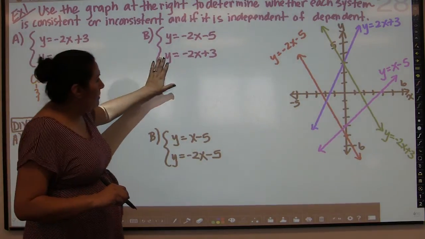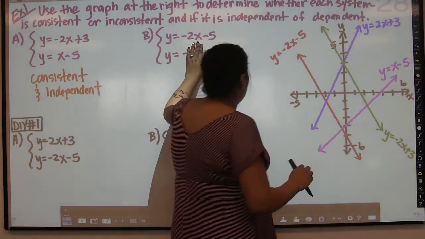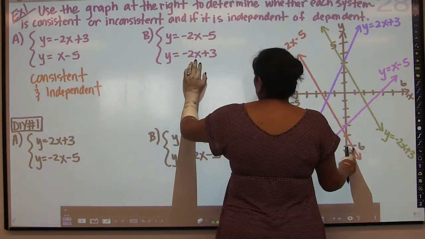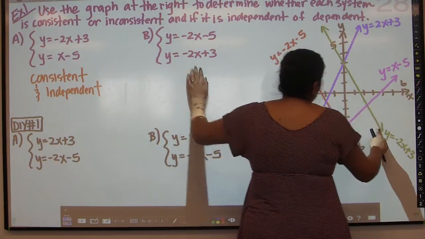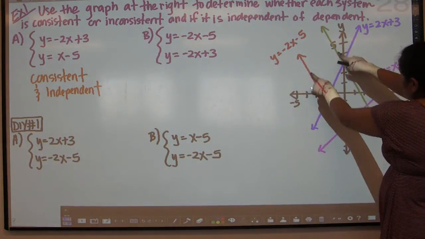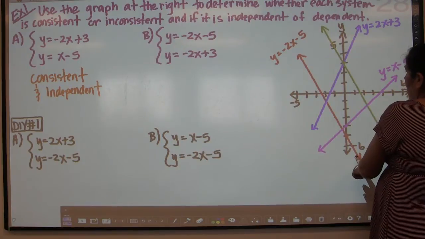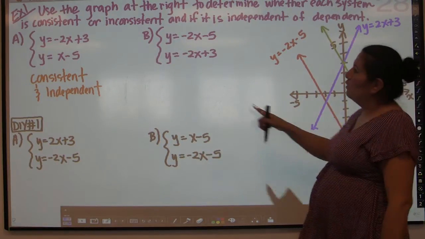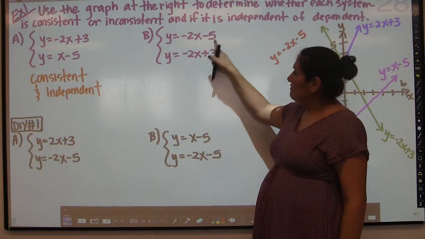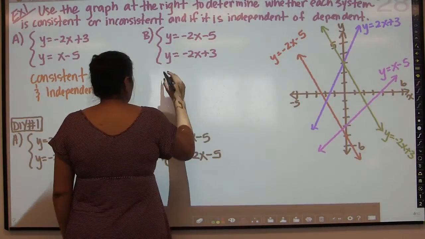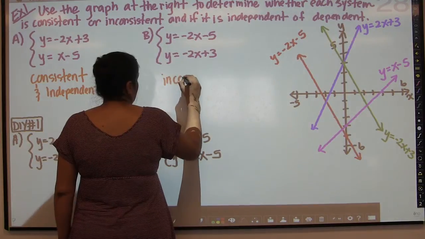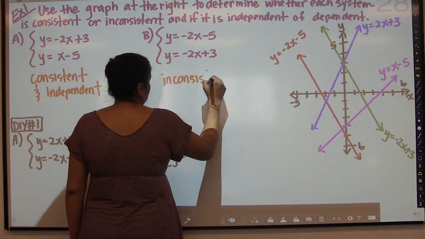Now in this case, they want me to check negative 2x minus 5, which is the red line, and negative 2x plus 3, which is the green line. So now we're looking at the red and the green, and those lines appear to be parallel, and we can double check that because they both have the same slope, but they have different y-intercepts. So that means that these are going to be parallel lines, and they're going to be inconsistent.